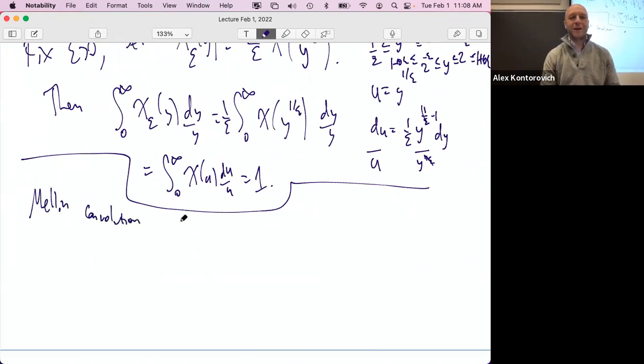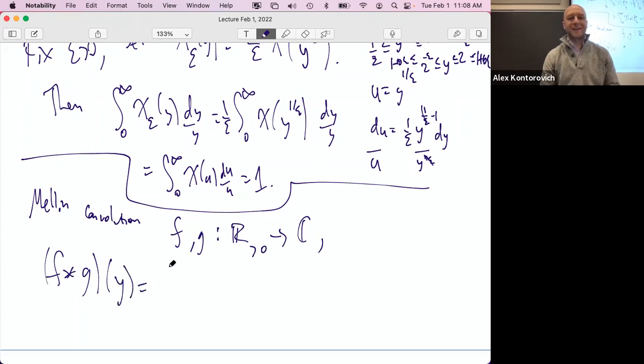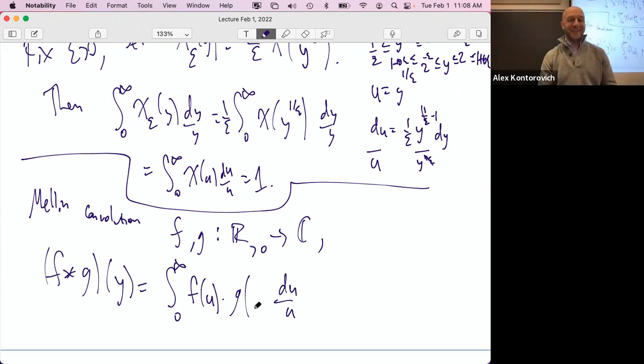What should it mean, if I have two functions, f and g, on the positive reals, what should their convolution mean? What is this evaluated at some y? Well, I'm going to integrate from 0 to infinity f of u, g of, where does the y go?